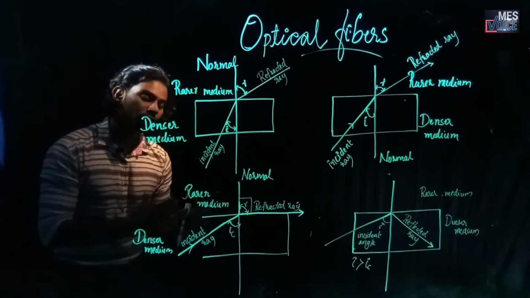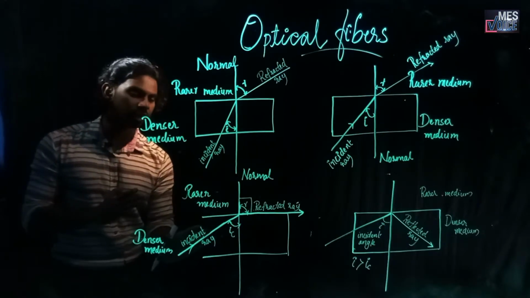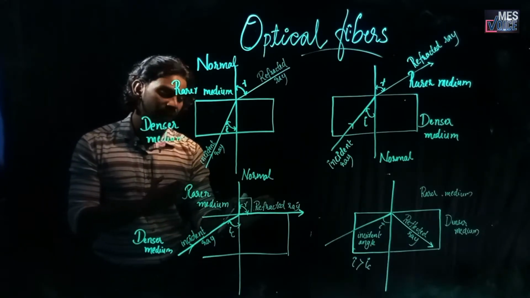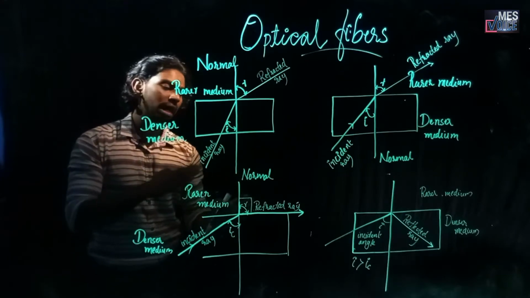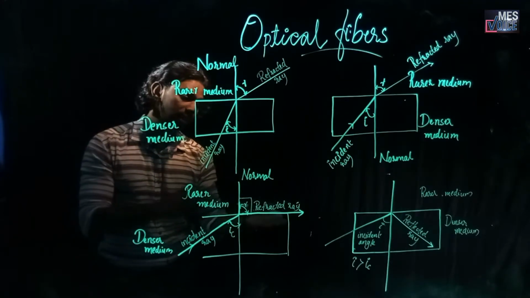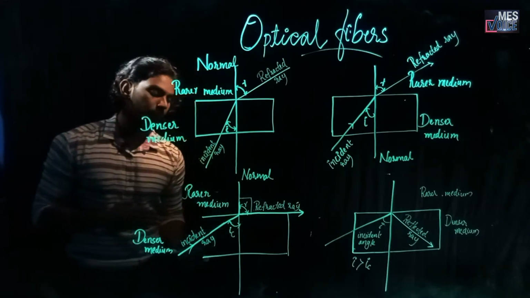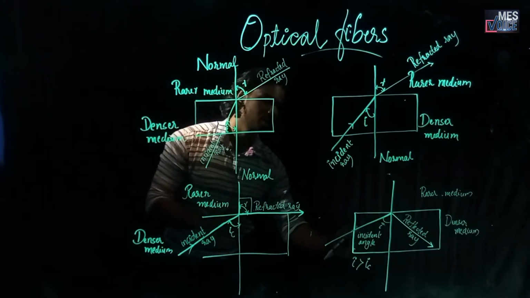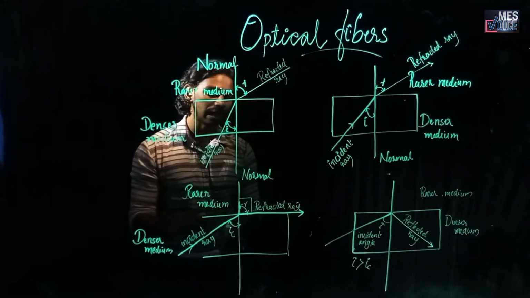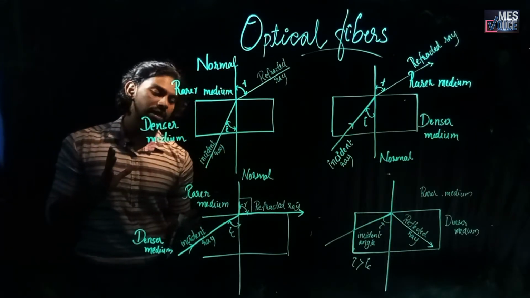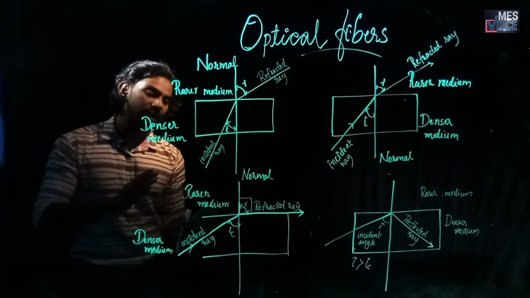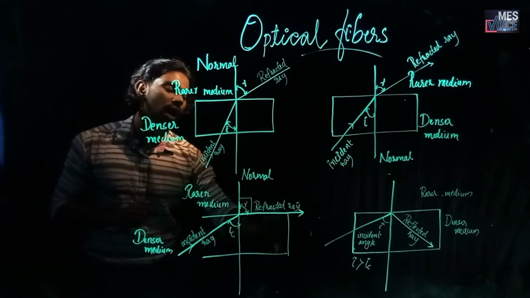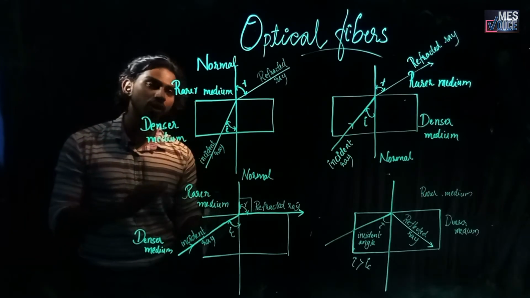That means if you continuously increase the angle of incidence, the refracted ray goes away from the normal and touches the boundary of separation. At a particular angle of incidence, the refracted ray touches the boundary of separation, which is called the critical angle.